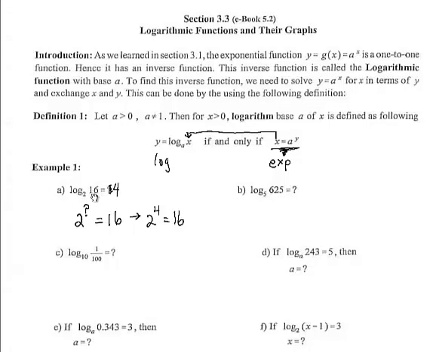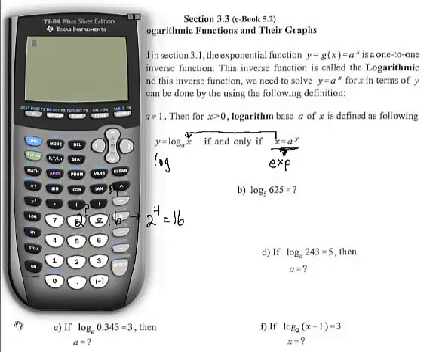As I mentioned before, you can also put this into your calculator, and if you have one of the newer model TI-84s, you would simply go to Math. You probably notice that there's a log button, but this log button is specifically for a base of 10. Then you have an LN, which is specifically for the base of e.